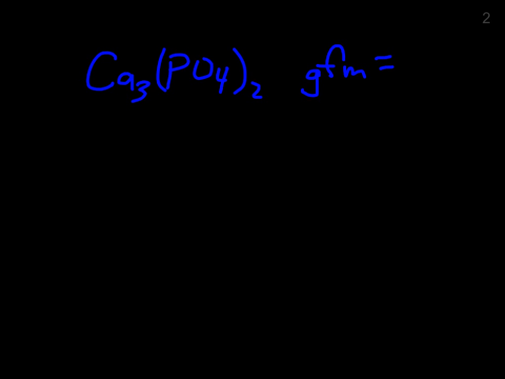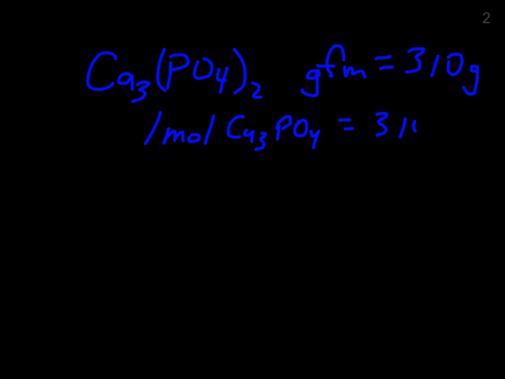Okay. Back to, so I got calcium phosphate, Ca3(PO4)2. And we just figured out that the gram formula mass of calcium phosphate was equal to 310 grams. Now using that equality, it said, all right, 1 mole of calcium phosphate equals 310 grams.